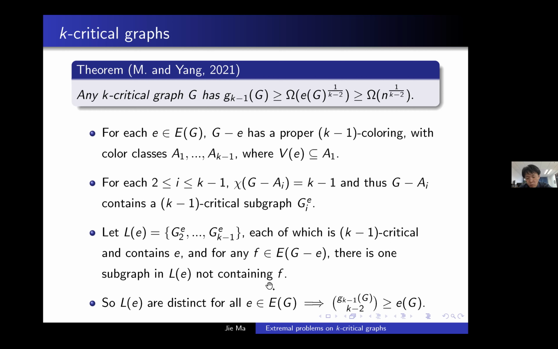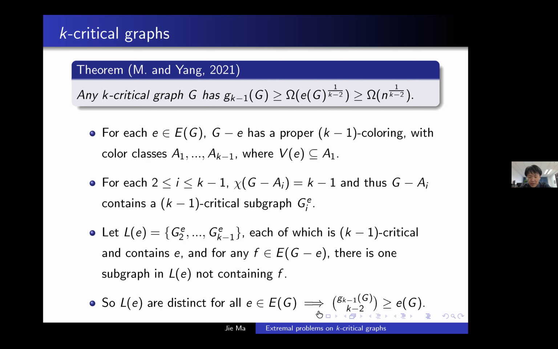Why do we want to mention this property? Because this property tells us that the lists L_E for every edge E are distinct from each other. So each edge E has a distinct list L_E.